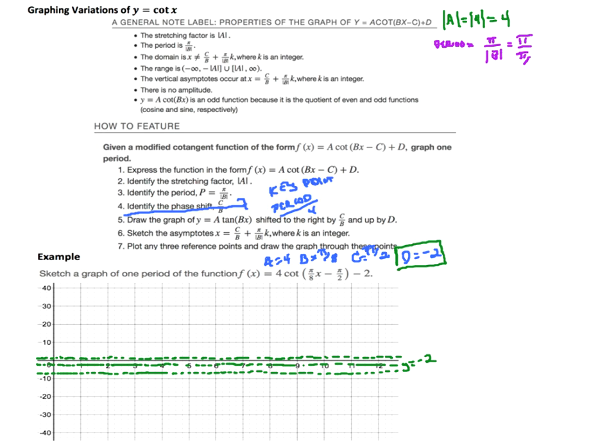So pi divided by pi over 8 gives me a period of 8. When I do my fractioning math there by multiplying by the reciprocal, my pi's divide out. My phase shift.